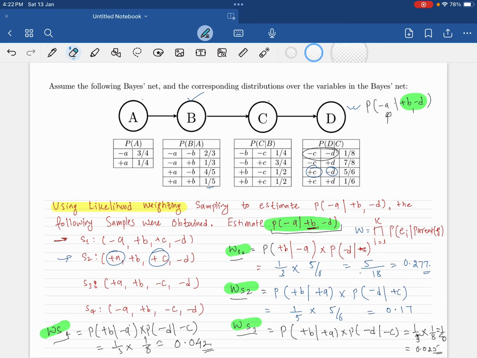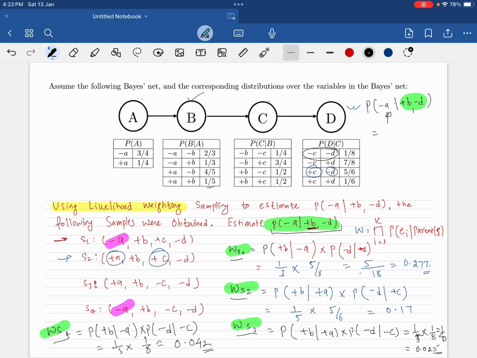So under this condition, find all those minus a, right? So here we will consider this sample and this sample. We have two samples, right? That is with the minus a, and this is sample S1 and S4.